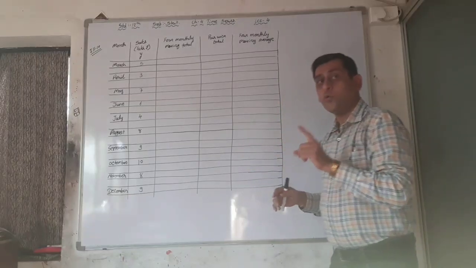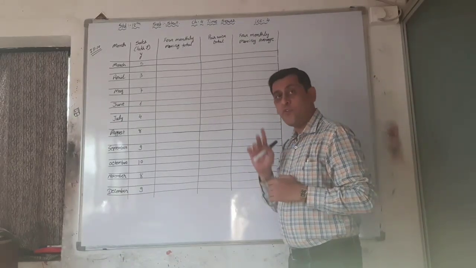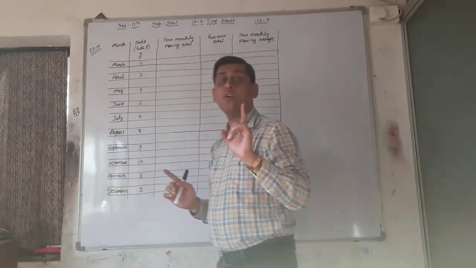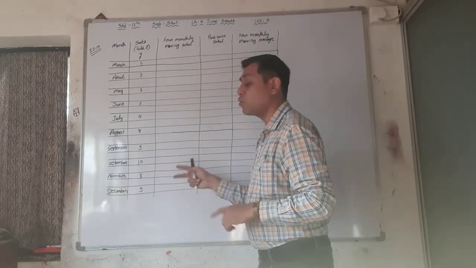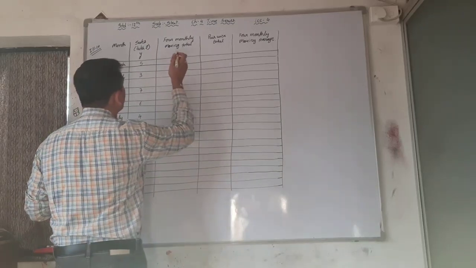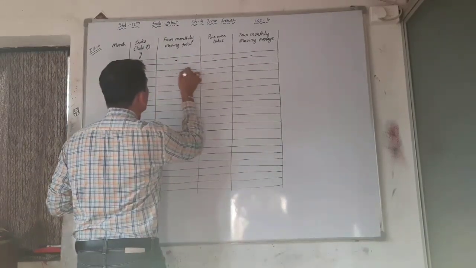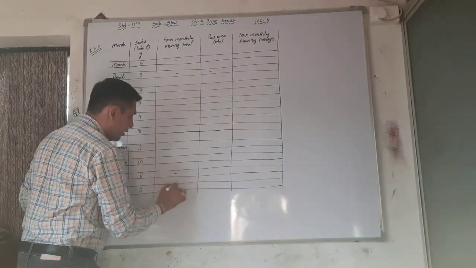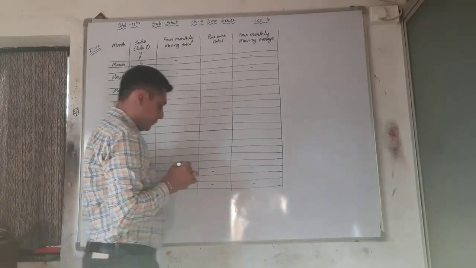I explained that in my last lecture. Now same way here, we cannot find the 4 yearly moving average of the first 2 years and last 2 years. That's why we have to make a dash here, here and here at the start, and in the last 2 years or last 2 months data.